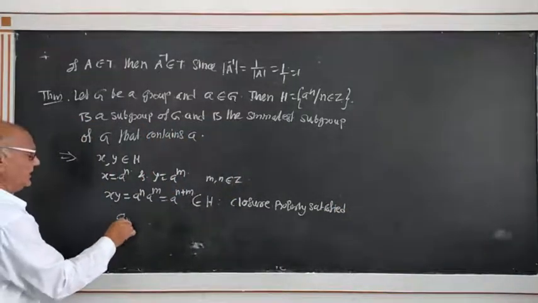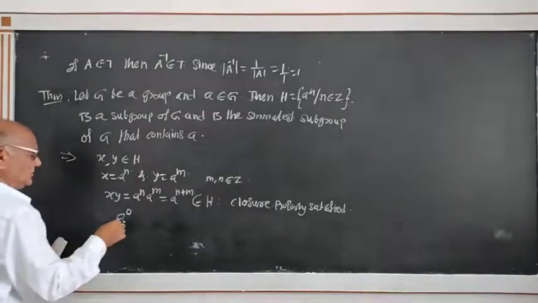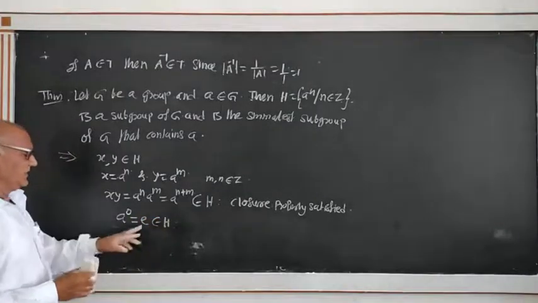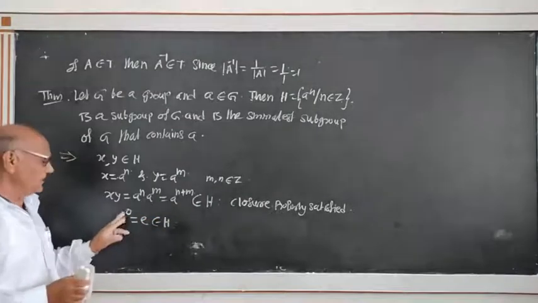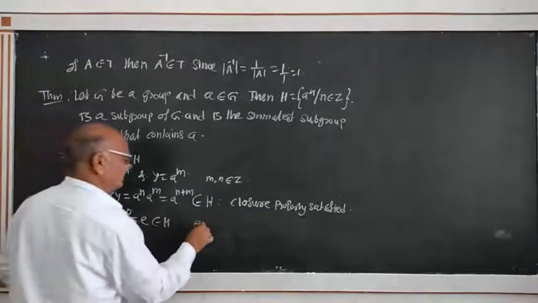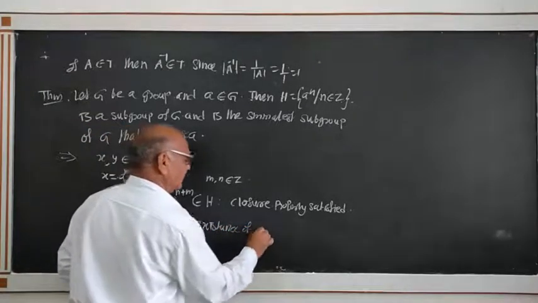Now, a to the power 0 is equal to e, which belongs to H. So e is equal to a to the power 0, and a to the power 0 belongs to H. This is the existence of an identity.